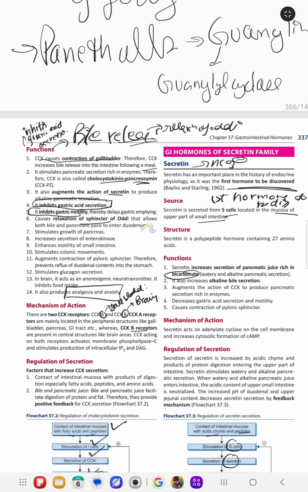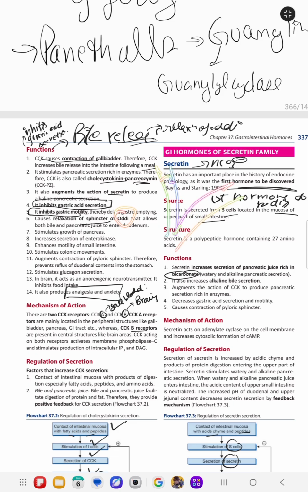So it further inhibits gastric acid secretion and inhibits gastric motility. Now, anything that causes secretion of HCl increases motility, whereas anything that causes alkaline medium decreases gastric motility.